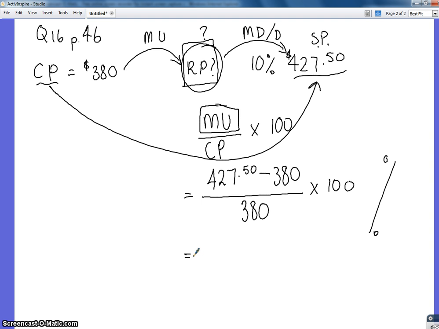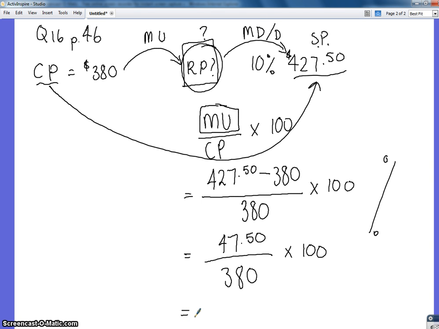So what's the markup total there? $47.50. $47.50 divided by 380 times by 100.